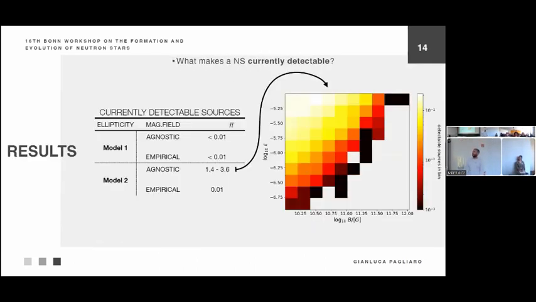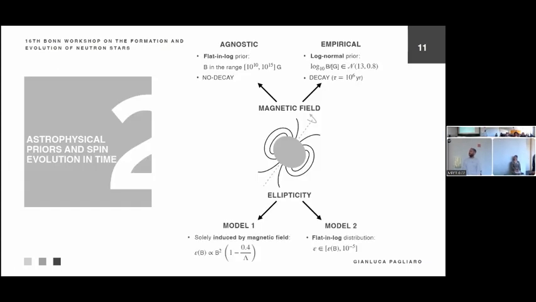I didn't go through the detail of this formula here, but you see here the lambda parameter. So basically what happens is that with that lambda parameter, we could connect the poloidal component, so the portion of the magnetic field that is responsible for the spin down, with the actual deformation. That is actually not entirely correct, because the deformation is triggered by the magnetic field inside.